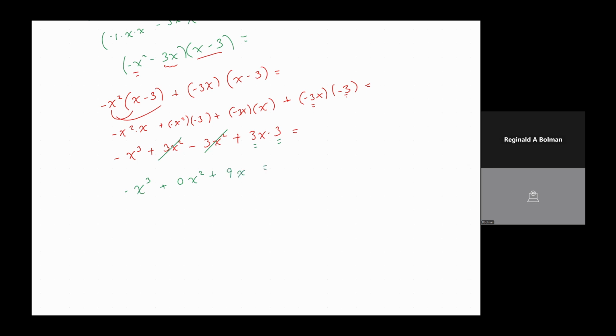All right, so now all we have to do is take our negative x cubed, but we're adding to this the 0x squared, which of course is just 0. So you could say this is 0 plus 9x, but 0 plus anything is just that something. So you've got negative x cubed plus 9x, and that's pretty much as good as we can do.